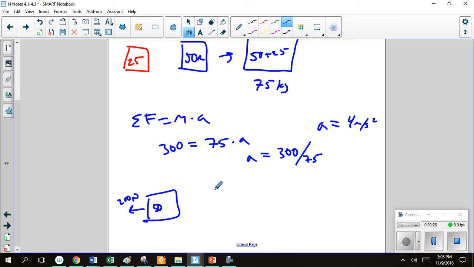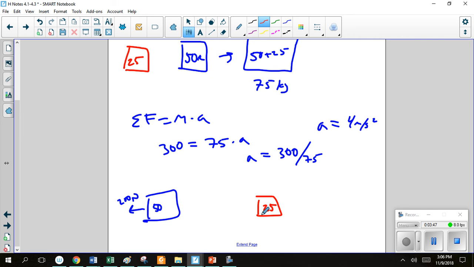Now it says verify, so we need to verify this. Again, that's not a free body diagram, this is just me showing you where the force is going. This other box, box A, I'll do that in red, has a mass of 25.